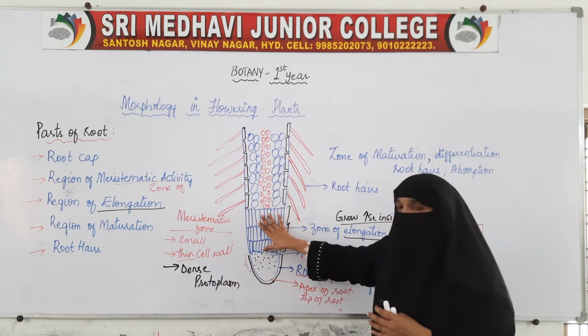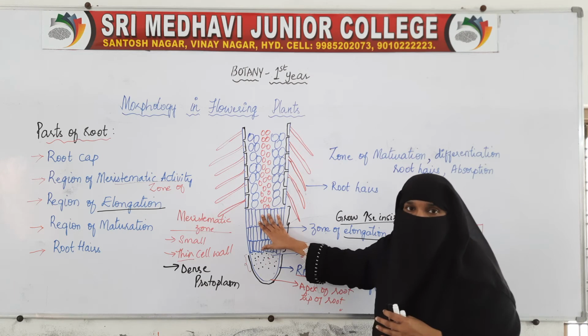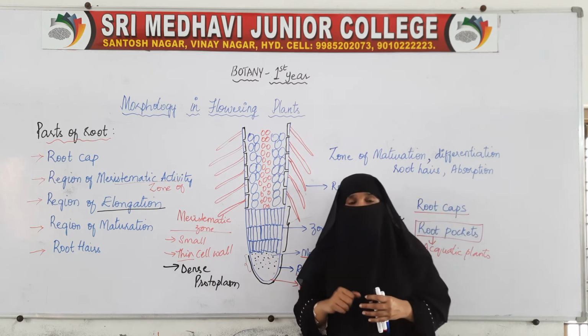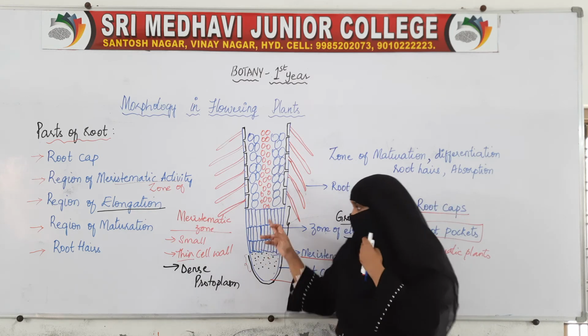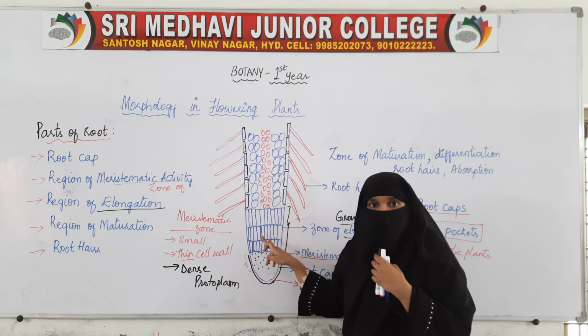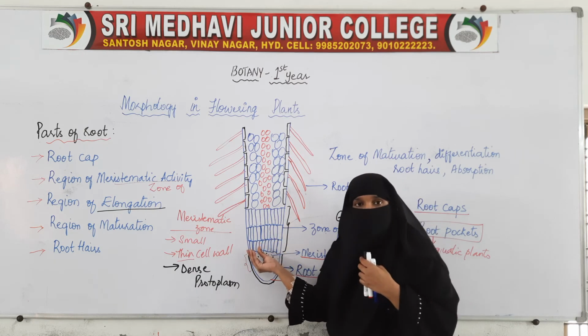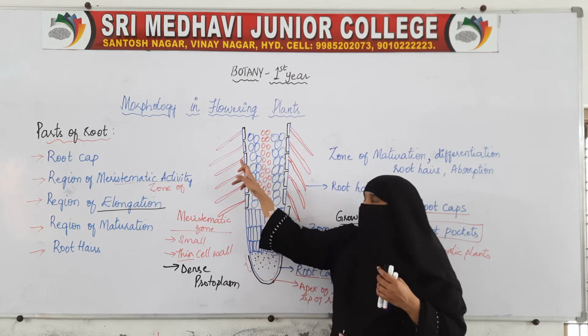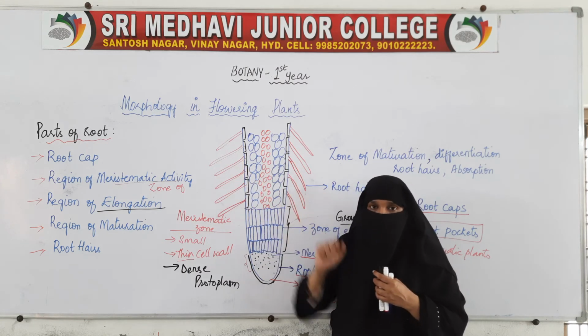Now these cells have been differentiated and given proper function. For example, out of these many cells, some will change into cortical, that is epithelial cells.